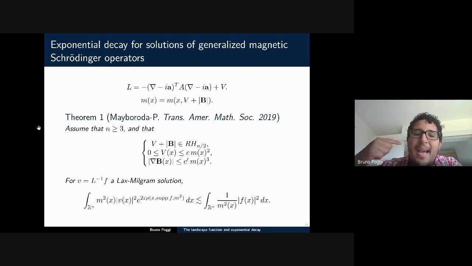In particular, we are assuming that the magnetic field has a gradient, and in principle, you would want to consider this result for irregular magnetic fields, which are not differentiable. However, why do we have these conditions? Because for a while they have been needed in order to prove the Fefferman-Phong uncertainty principle in the case of the magnetic Schrödinger operator.